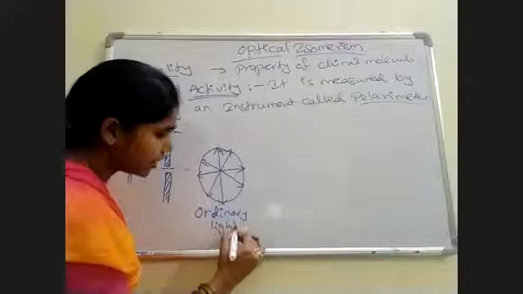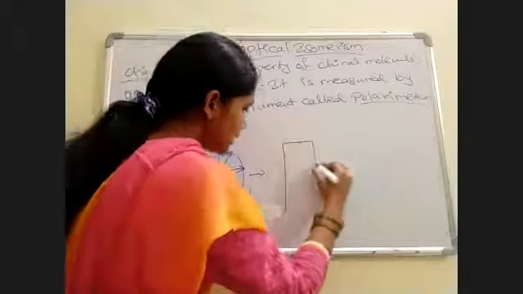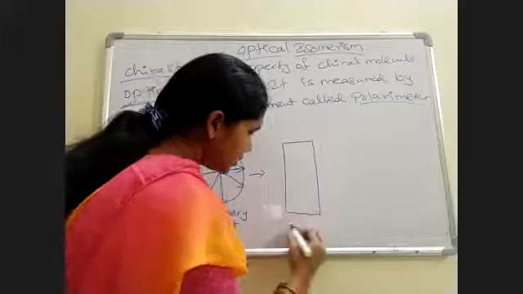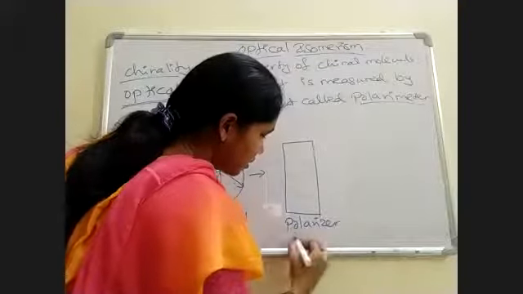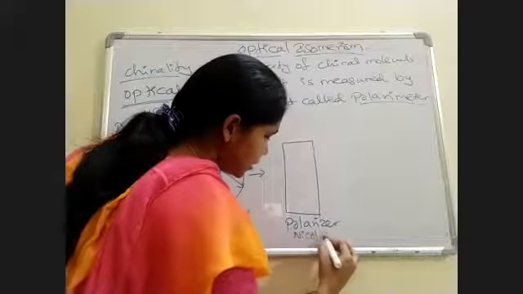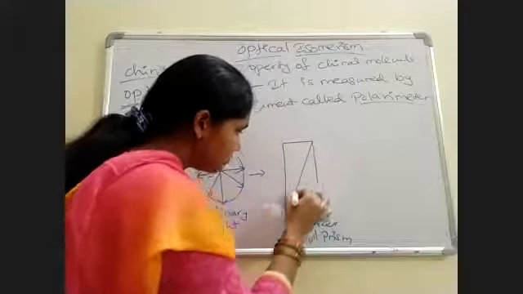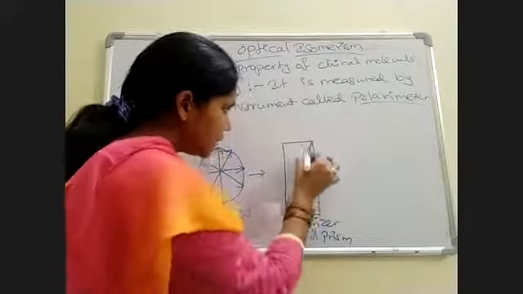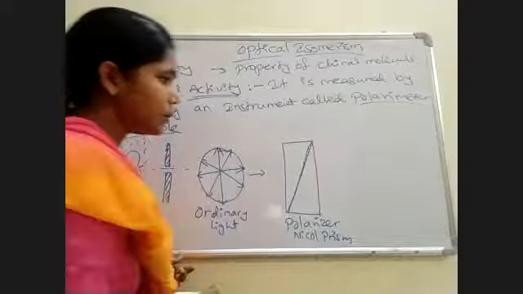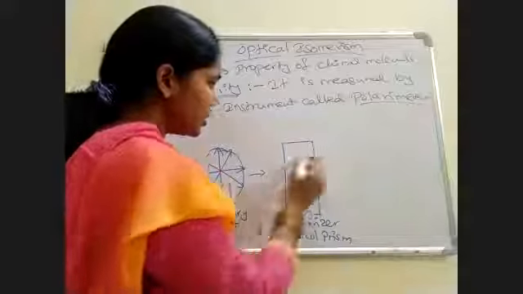When this ordinary light is passed through a Nicol prism, this is called a polarizer. In this you will have a slit like this. One slit will be there. I'm showing it with one line.